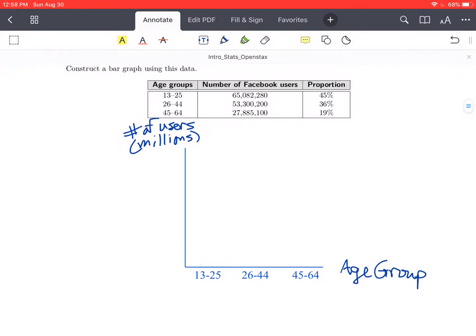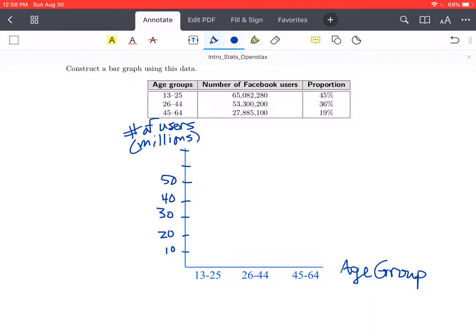We have a 27 million, a 53 million, and a 65 million. So I'll just go by tens. So 10, 20, 30, 40, 50, 60, 70.